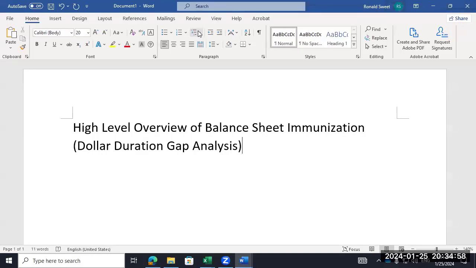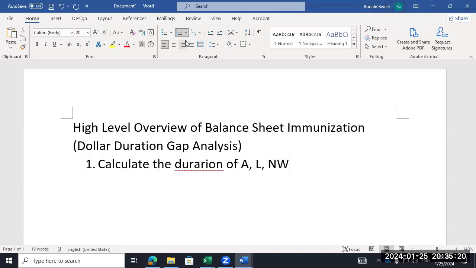Dollar duration gap analysis is managing your duration down to 0. All right. So we're going to do both. The first thing is calculate duration, assets, liabilities, and net worth.